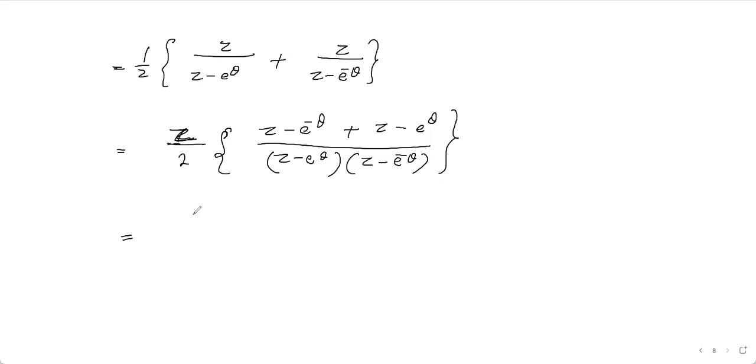Now further, we know that e to the power of theta plus e to the power of minus theta is 2 times cosh theta, right?